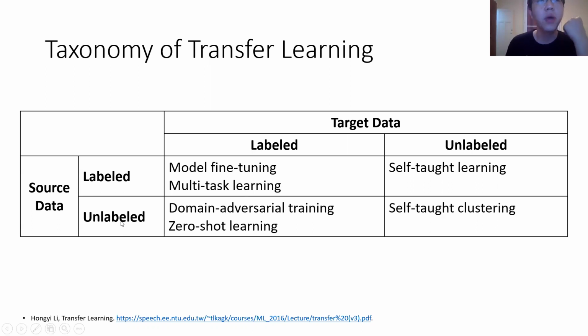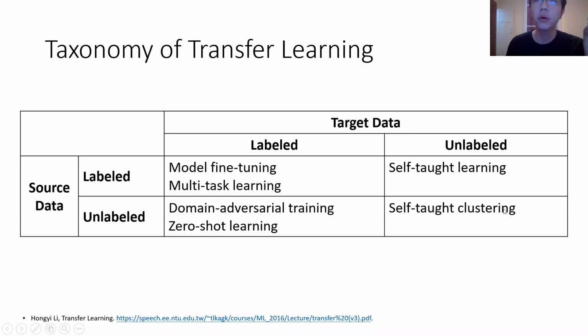And also, if you have source data that is unlabeled but the target data is labeled, then what you can do is called domain adversarial learning, and the other is zero-shot learning. These two are very interesting topics, which deserve their own seminars, so I'm not going to touch them today. And also, if you have target data that is unlabeled, then you have self-taught learning and self-taught clustering.